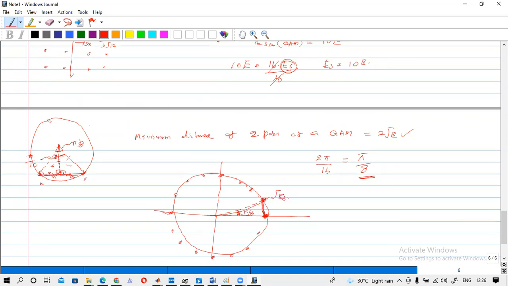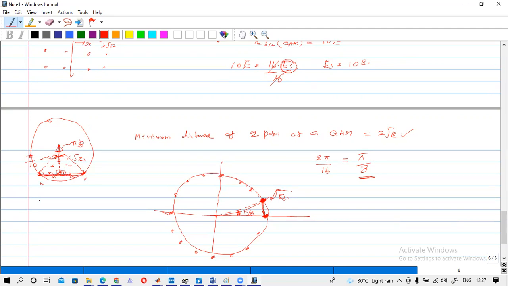If you have the energy of a symbol, Es, the root of the energy is the radius. So this distance will be root of energy, that is the radius. If I find this distance, what is that?